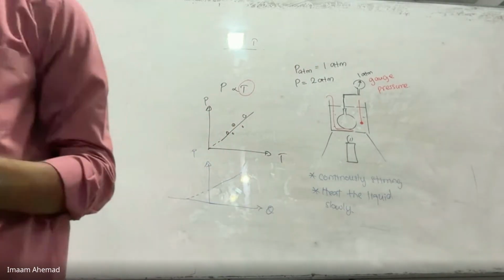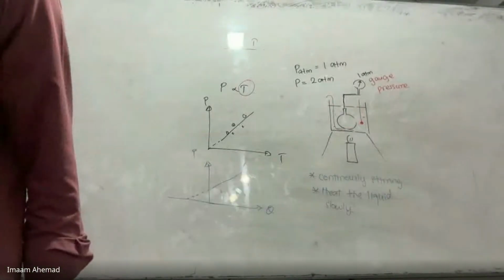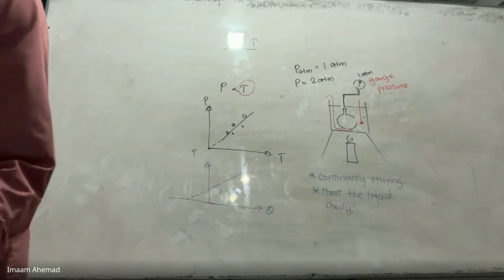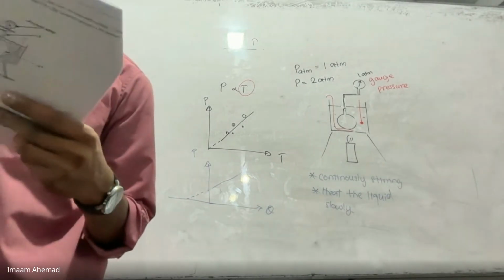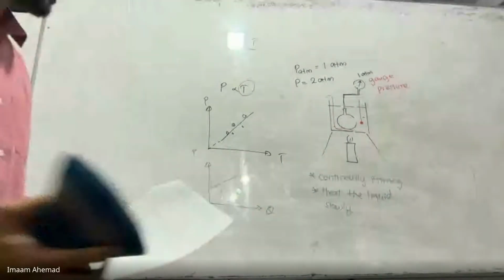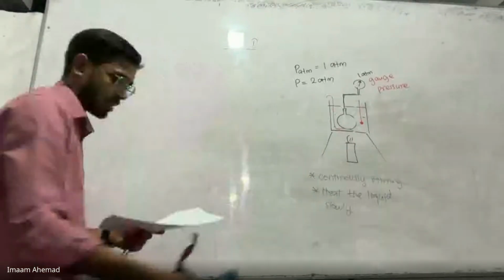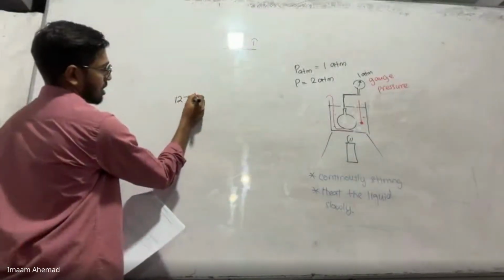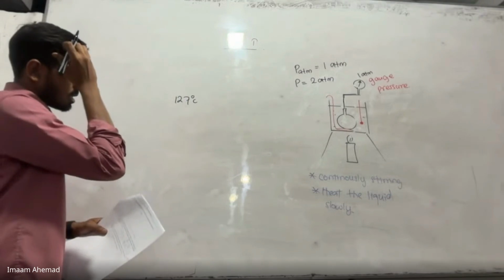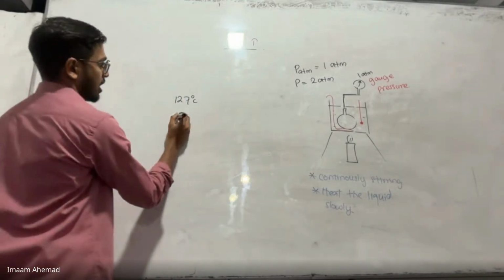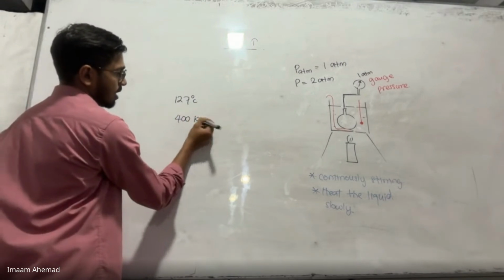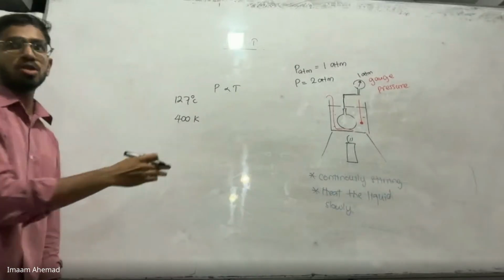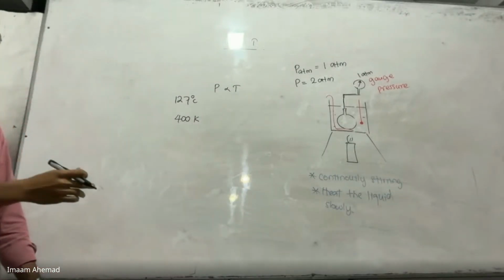So at 127 degrees Celsius, the ideal gas reads a pressure of 1 into 10 to the power 5. At 127 degrees Celsius, how many kelvins? 400. So at 400 Kelvin, pressure is proportional to temperature, right?